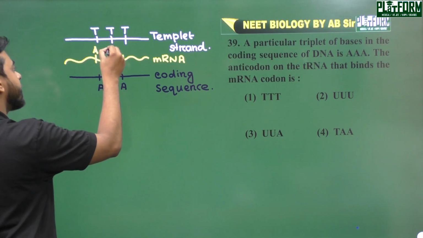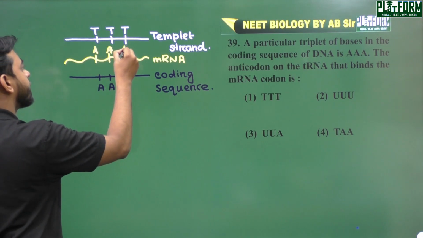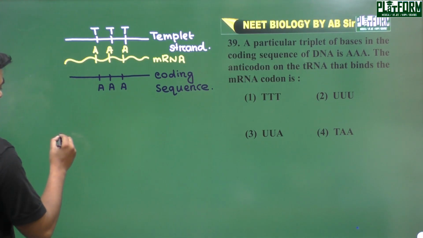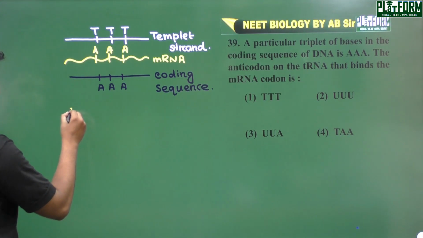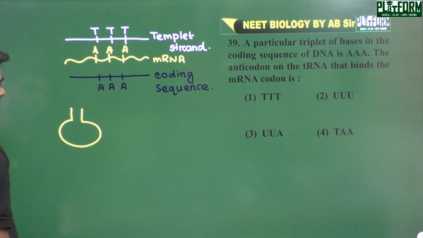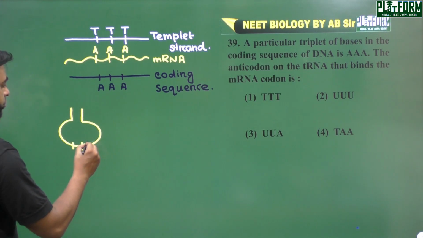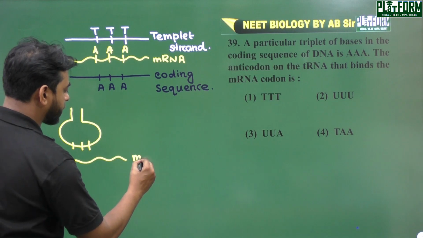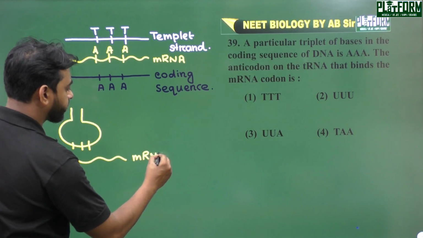That means A, and A. And we know that the tRNA molecule, that means the anticodon part of the tRNA molecule, binds with the codon. The codon is present in the mRNA molecule. This one is a mRNA.